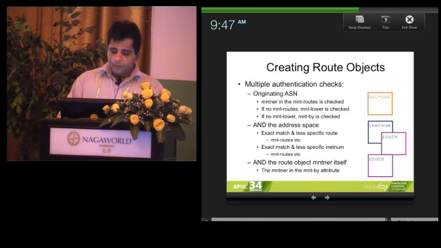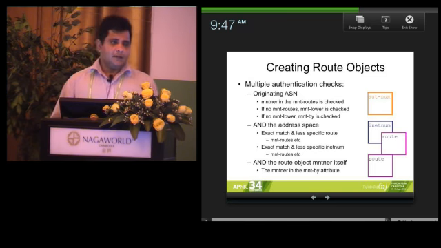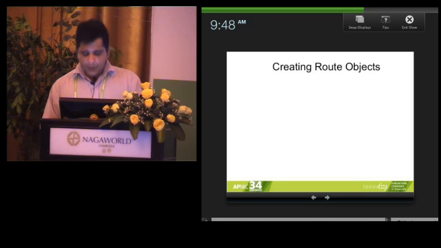So when you try to create the route object, you need to pass that, right? And then, once it is passed, it will check based on your maintainer ID. The last part is the maintainer ID. It will check the authentication, and if it all matches, if it passes, then you can create the route object, right? So this is the route object creation process.